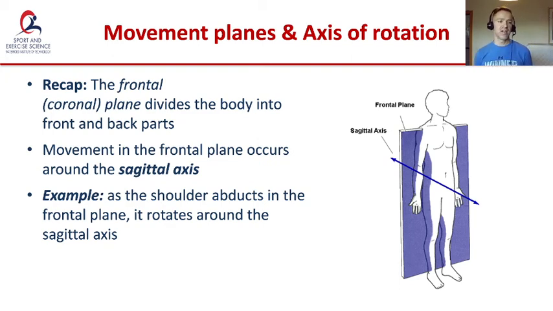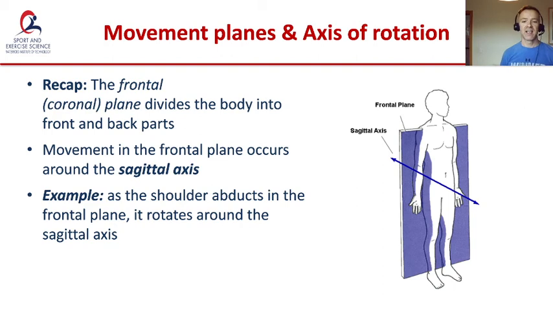The frontal or coronal plane divides the body into front and back parts. Movement in the frontal plane occurs around the sagittal axis. So if we think about shoulder abduction in the frontal plane, so that is moving your shoulder away from the midline of the body, like a lateral raise exercise that you would do with a dumbbell in the gym.